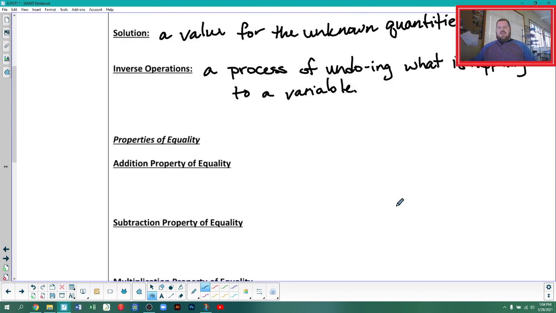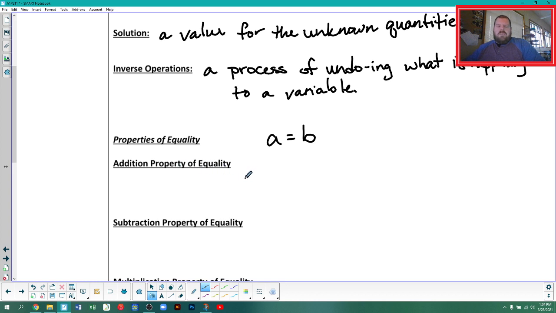I'm going to do most of these in a mathematical sense as opposed to writing them out in words. So for all these, we have the equation A is equal to B.